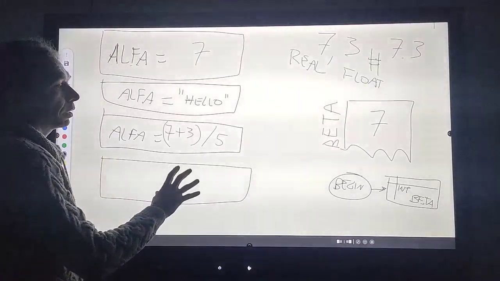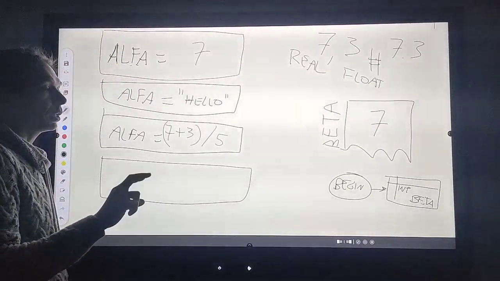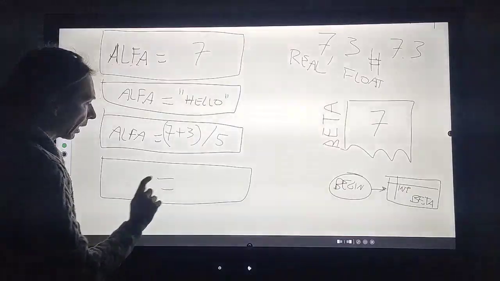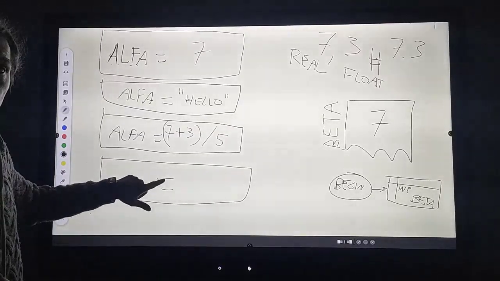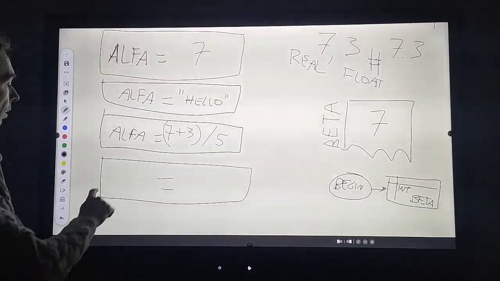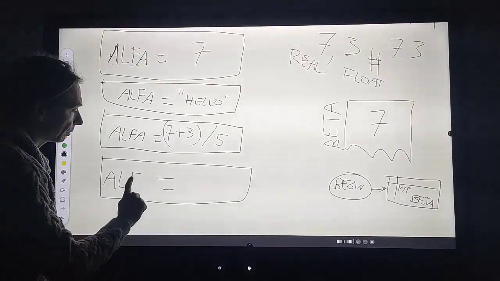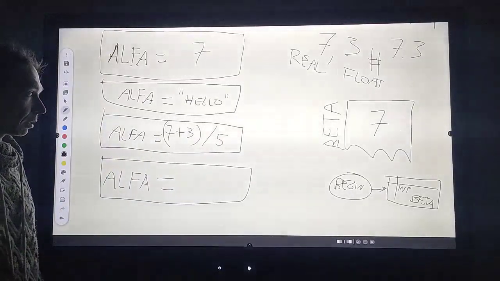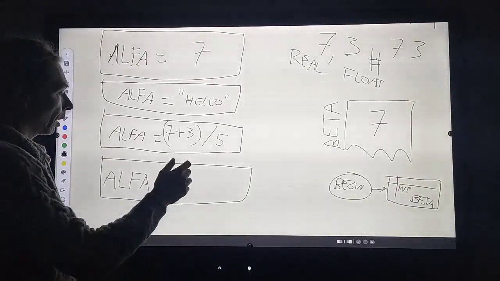So rectangular is an order shape, and it is used only in two ways: to prepare the variables, and in this way, rectangular with an equal inside. On the left, I put the variable that will receive the result. Here I put what I prefer, an expression, a word, I don't know.